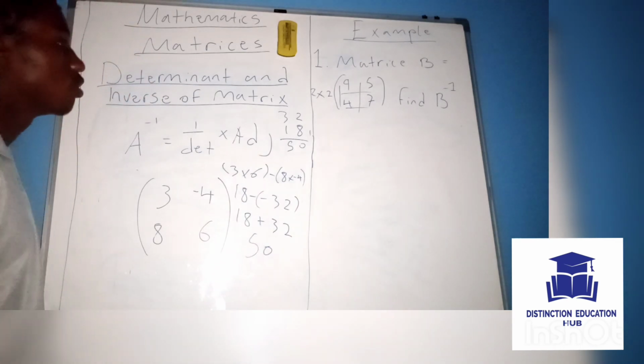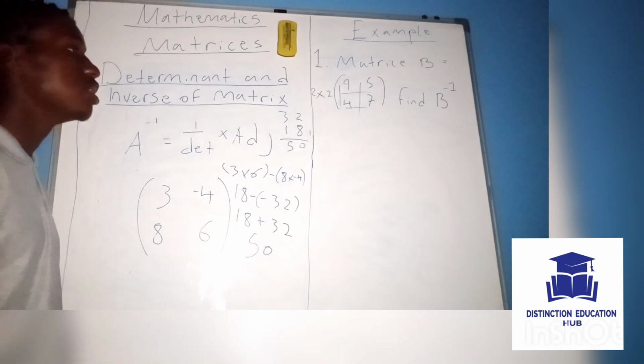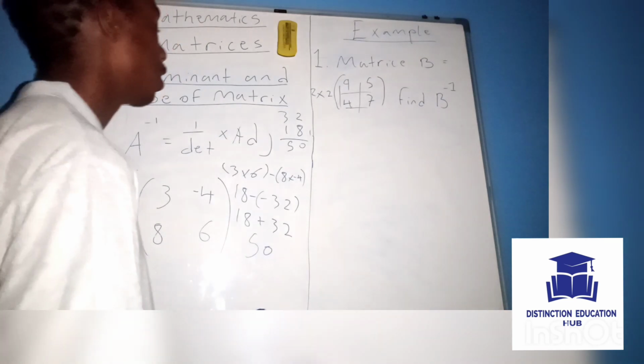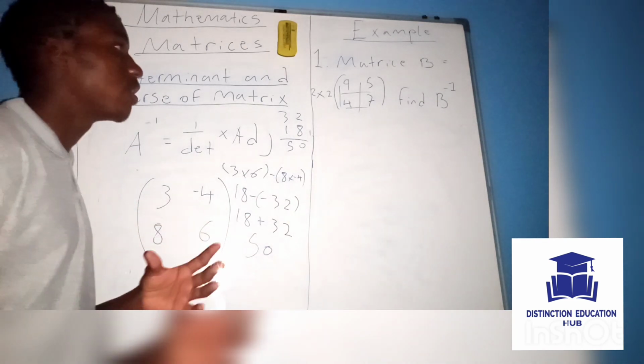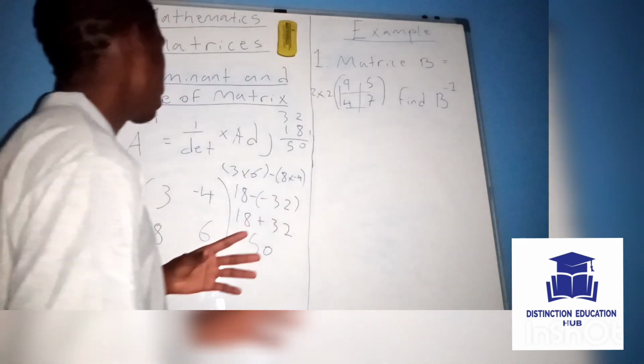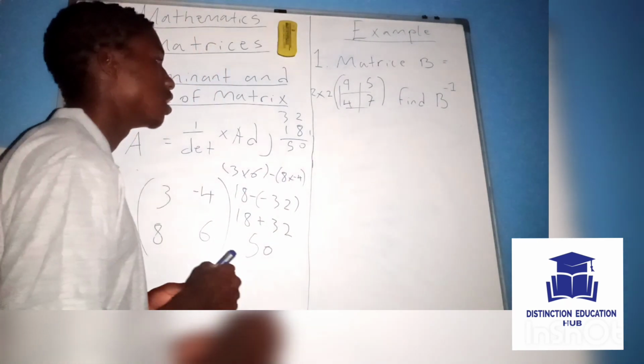The question is asking us to find the inverse of B. Remember, we said the first step to finding the inverse is by finding the determinant. So let's find our determinant.